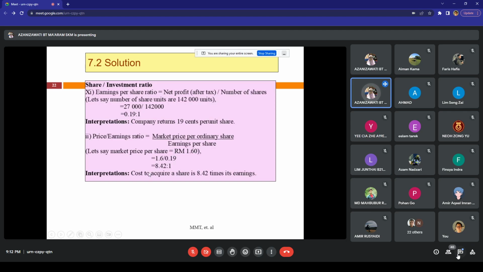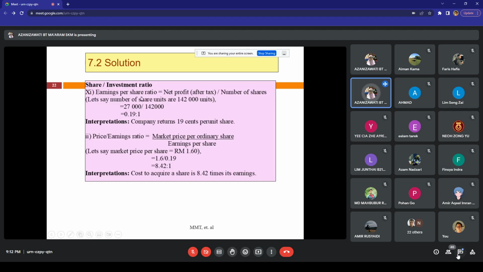You divide by the earning per share, EPS, and you get 8.42. Meaning the cost to acquire a share is 8.42 times its earning. So after you earn 8.4 times, then you recover your cost.